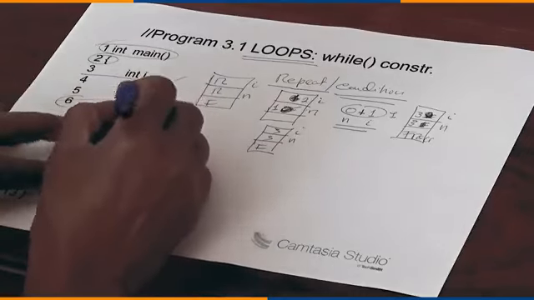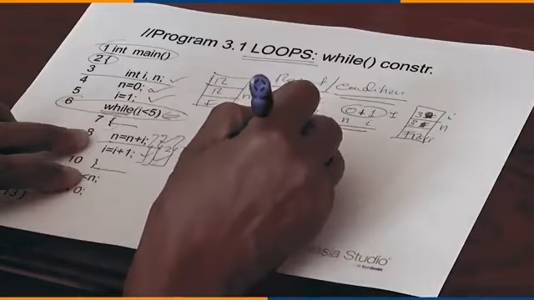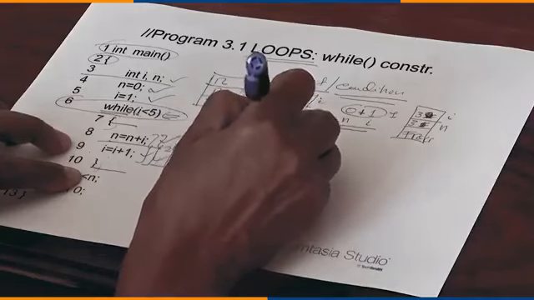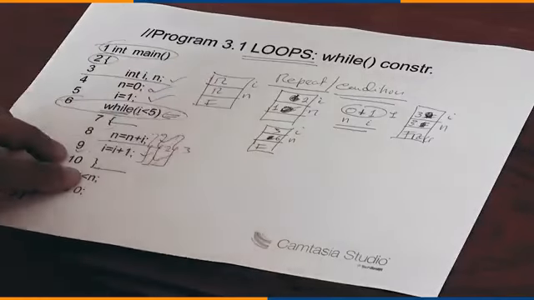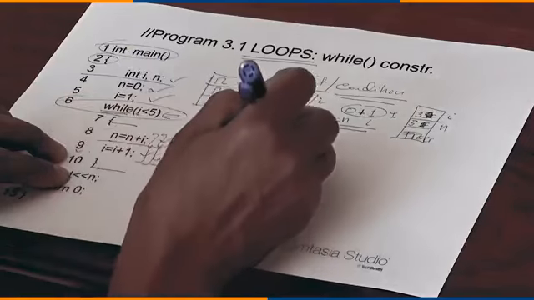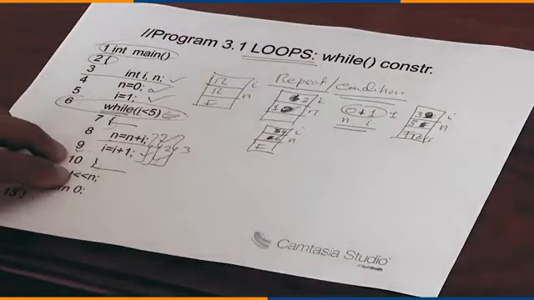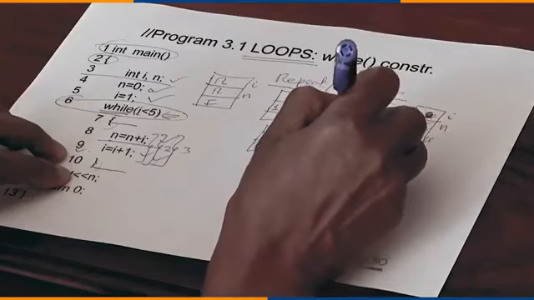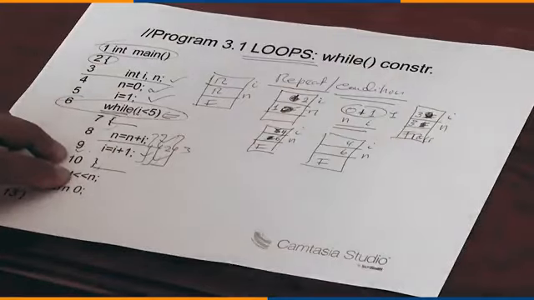When it is repeated, n equals n plus I. So in n there is 3, in I there is 3. This will be added, and the result will be 6. Then line number 9 is going to be executed again. I equals I plus 1. In I there is 3. 3 plus 1 is 4. And that's going to be the result. If we draw again, we find that I has changed to 4, and n has changed to 6, and this is still free.